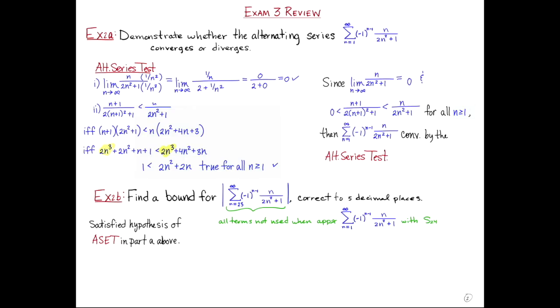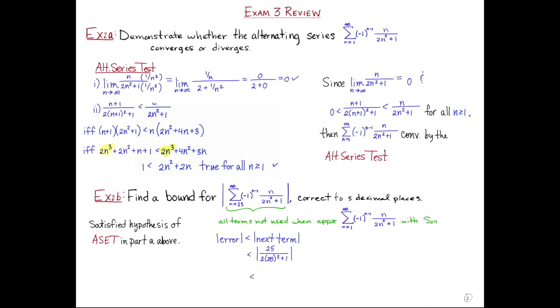Then we know that the size of the error is going to be less than the size of the next term. Since we're approximating the infinite sum with the partial sum up to n equals 24, the first term that we're not going to be using will be n equal to 25, giving us the inequality less than the absolute value of 25 over 2 times 25 squared plus 1.